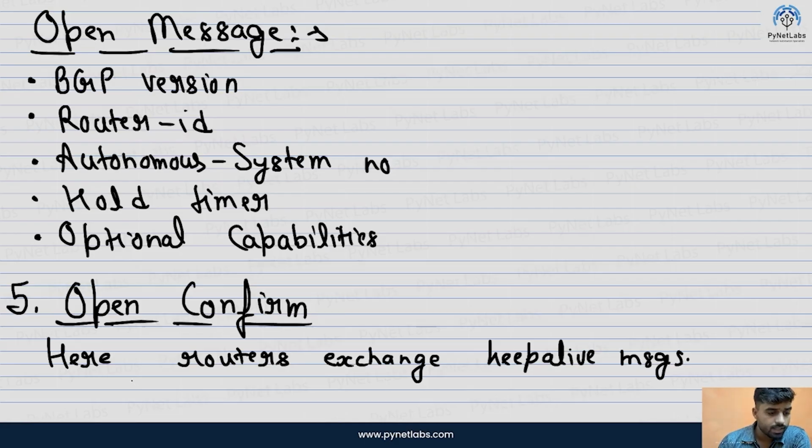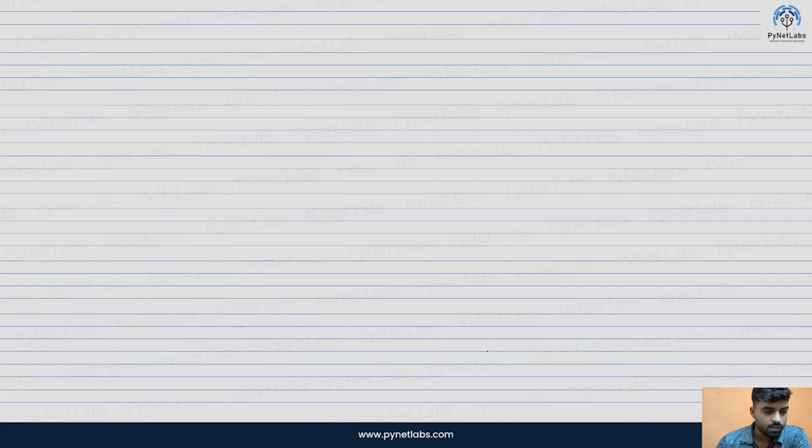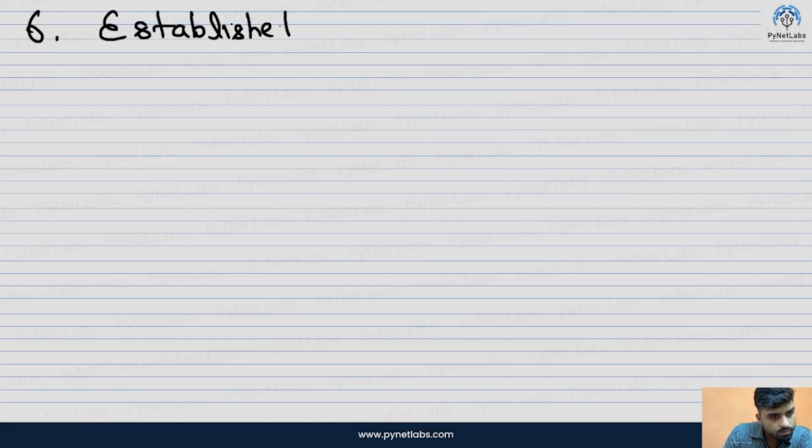That's why they exchange the keepalive messages. And once these keepalive messages get exchanged between both of the routers, they automatically reach the next state, which is known as Established. So this is the final state.